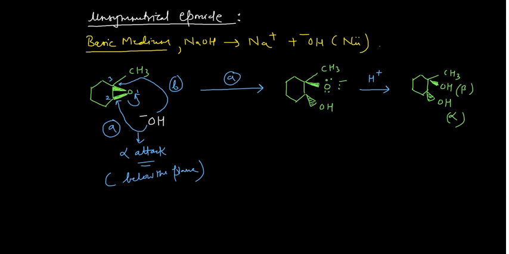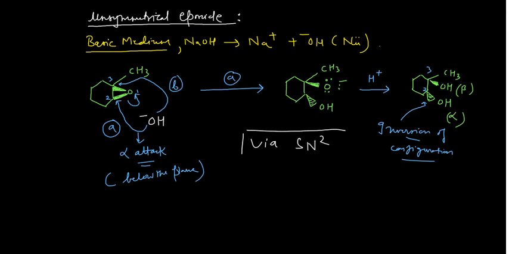An important thing you are observing here, if I write this as C2 and this as C3, is that at C2 inversion of configuration actually occurs. This is very, very important. This inversion of configuration is the specialty of the SN2 reaction, so this indicates that the reaction proceeds via the SN2 mechanism. This is something very, very important.